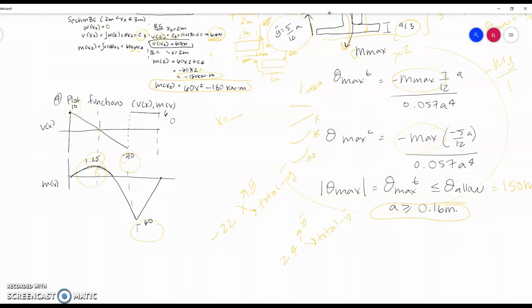So you'd actually have 2 times the compression and 2 times the tension. Because my values are so small, I'm just going to take that 60 and I'm going to multiply it by the top and the bottom. But if your values were similar, you'd have to test all of them. Okay, so it's really a minimum of 2, maximum of 4 things. So I just wanted to share that with you because we haven't done that in class. Okay, thanks.